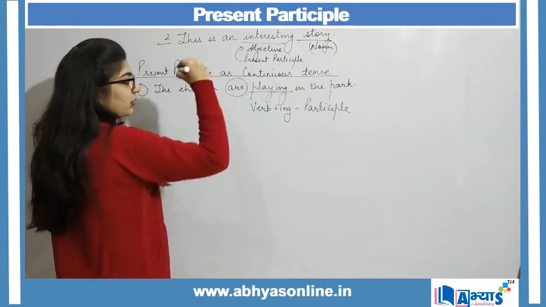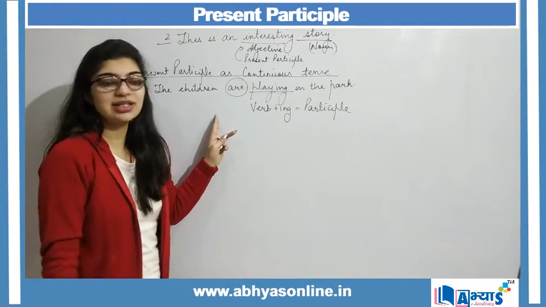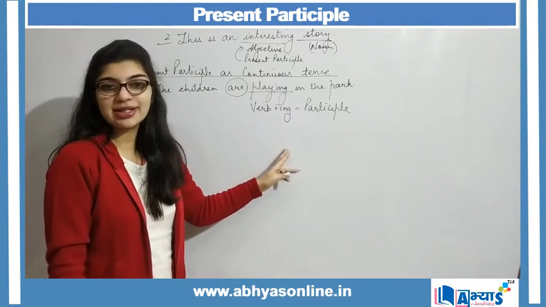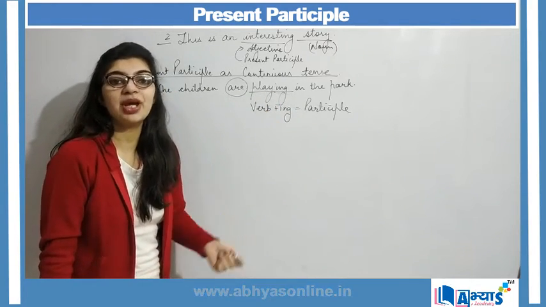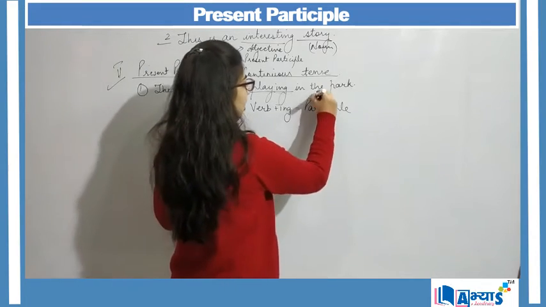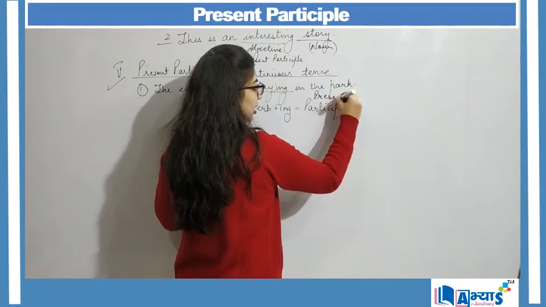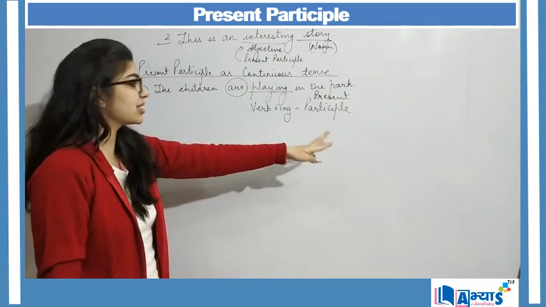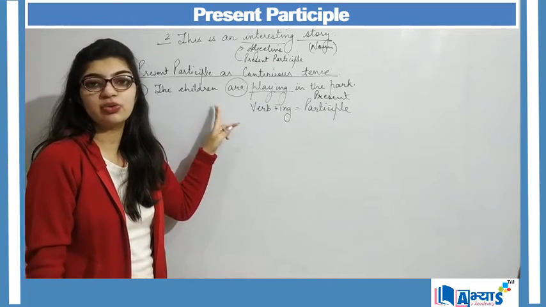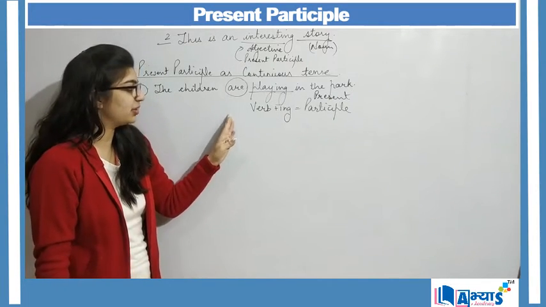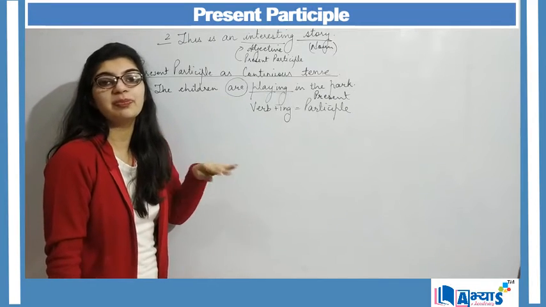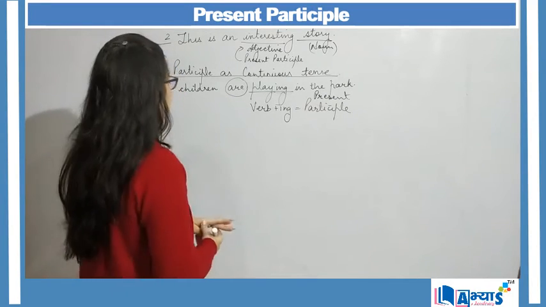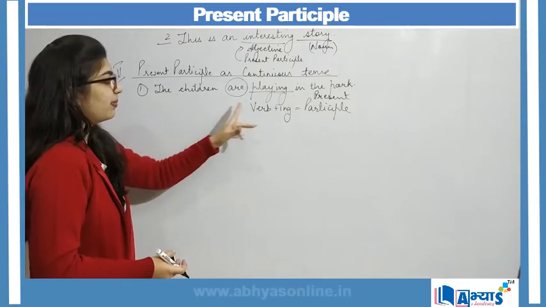And I told you that whenever are or is used before participle, that becomes my present participle. So now this is present participle. Why did I say present participle? Because are is being used before the participle and are is used to represent the present form of verb. So the children are playing in the park.